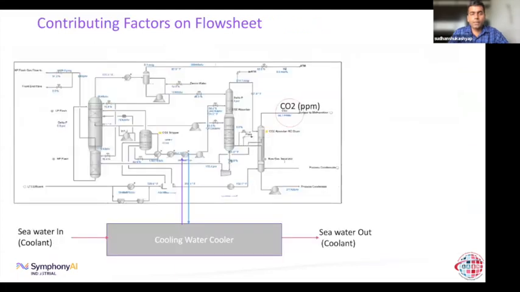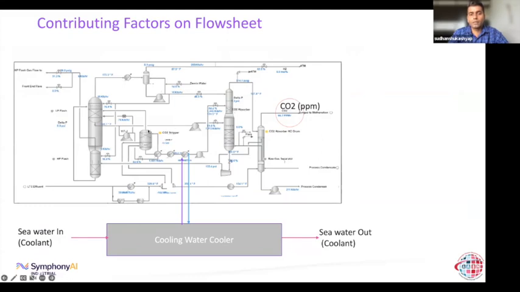So again, we'll come back to the process flow diagram of the CO2 system. And you see a lot of exchangers here, and the objective of these exchangers is to cool the amine, because we know the absorption process is sensitive to temperature, right? If temperature is high, the absorption is not going to be good on the amine.